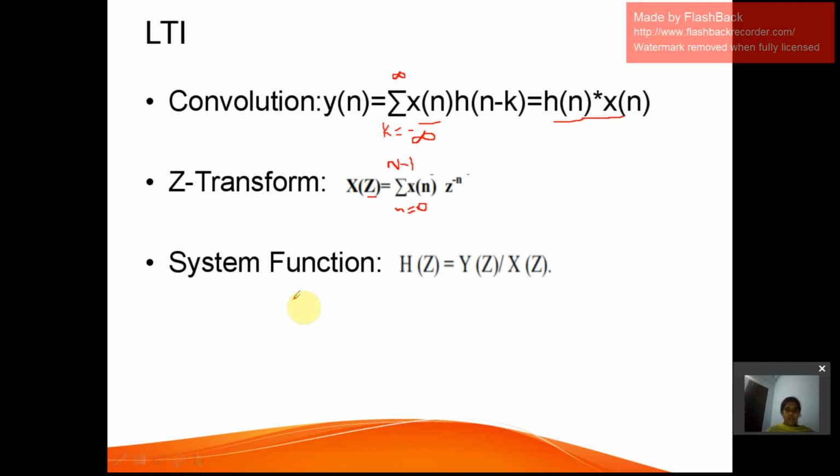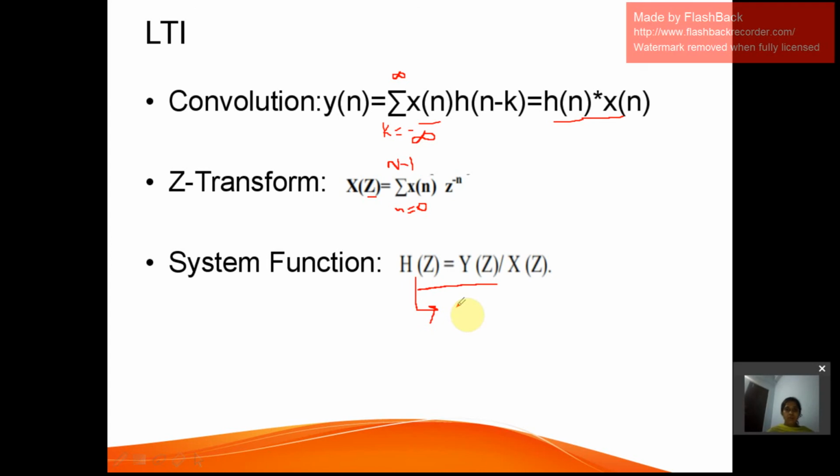Coming to the system function, it is given simply by this equation. By looking at this equation, you can understand that it is a ratio of the Z transform of output to the Z transform of input, and it is a complex function, consisting of magnitude as well as phase parameters.